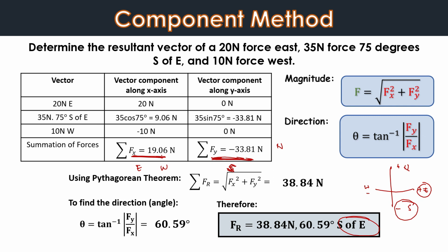So, yung magiging direction natin, north of west, kung sakali lang na ganun ang mangyayari. Therefore, ang pinaka-final vector natin ngayon, the resultant vector from the vectors given is 38.84 newtons, 60.59 degrees south of east. Okay? So, hopefully, you learned something from the concepts of component method.